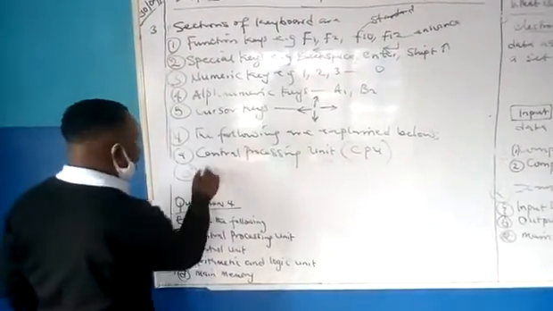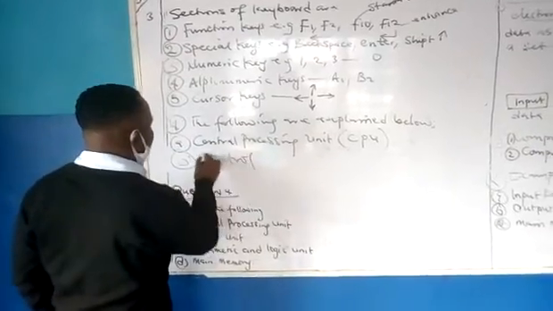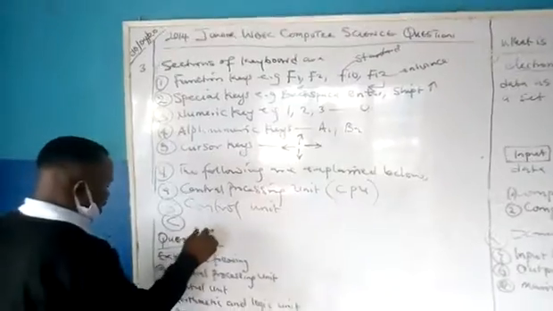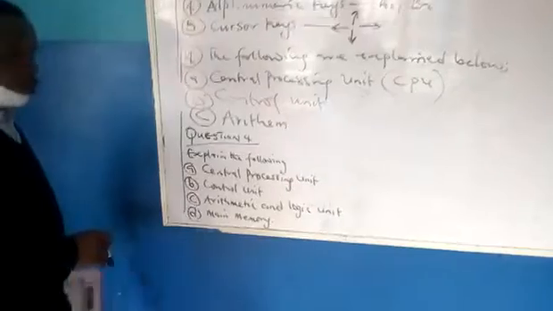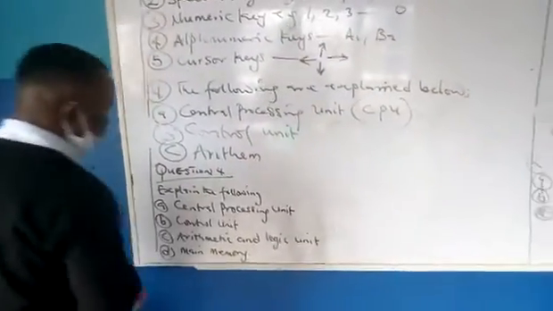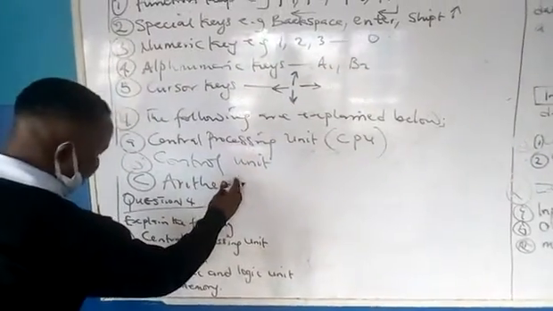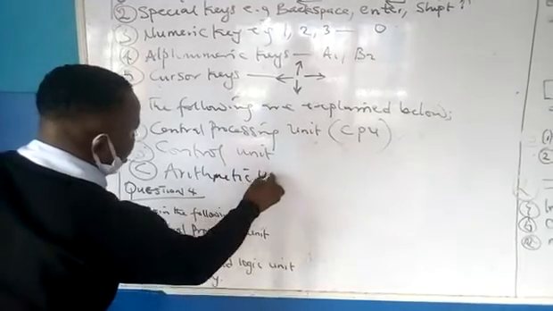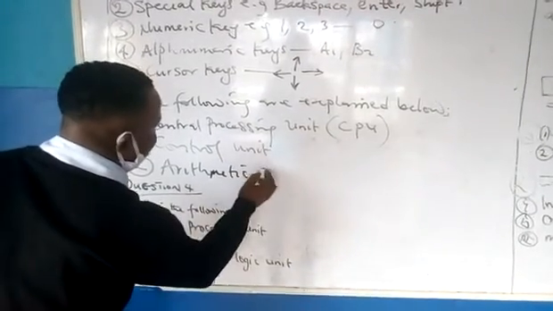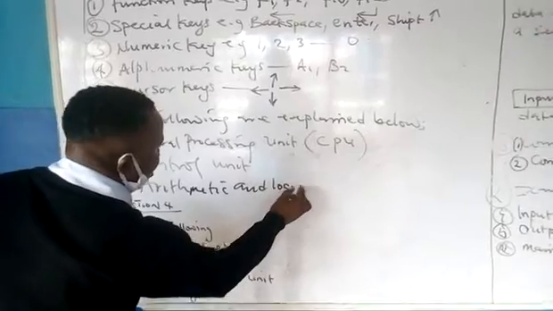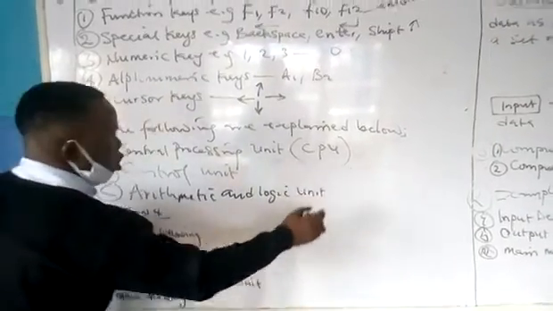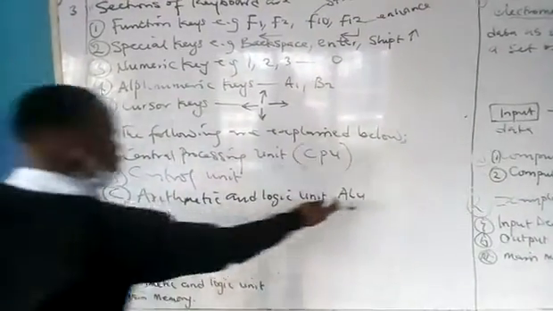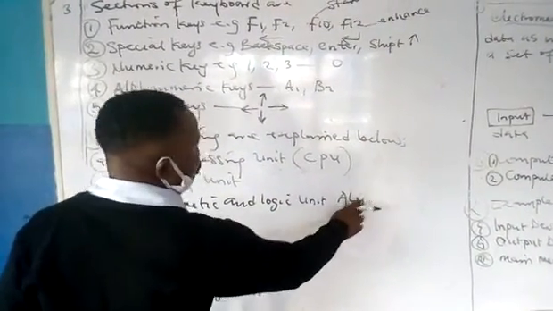Then we have what we call the C. The arithmetic and logic unit is called what? ALU. A for arithmetic, L for logic, U for unit.